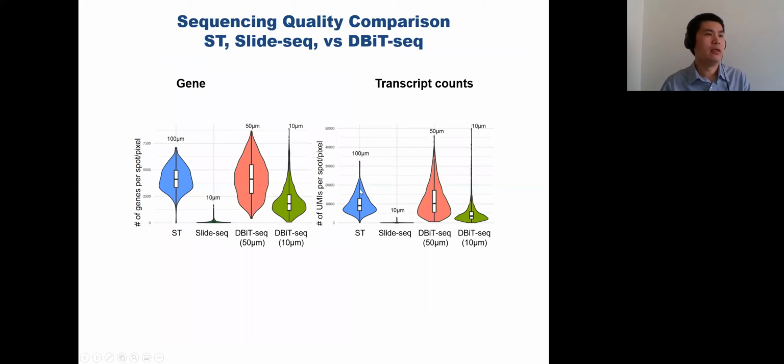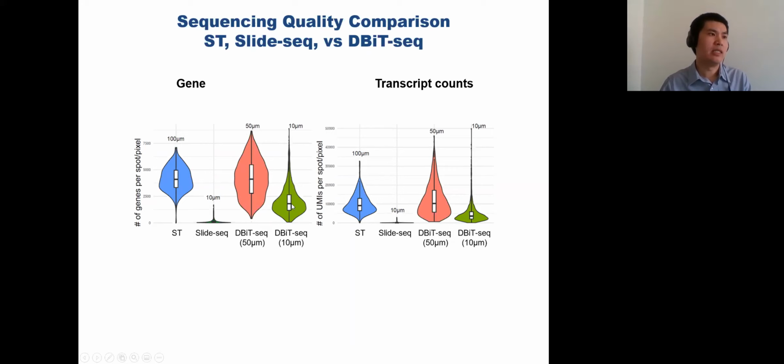And we also validate our technology by comparing with previous technology like ST, which is a 2016 Science paper, and also SLIDE-seq. I want to emphasize here that with the reduction from 50 micrometer to 10 micrometer, we didn't see a very dramatic decrease in the RNA being sequenced, being identified.